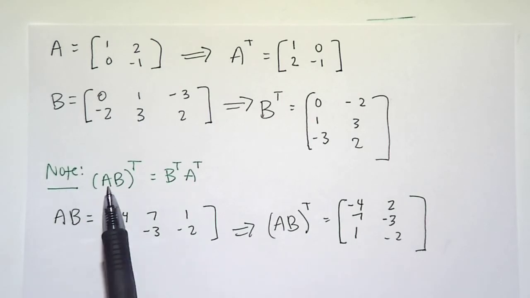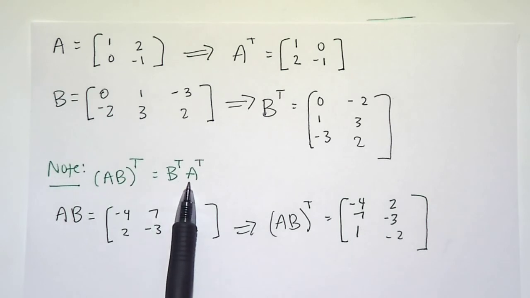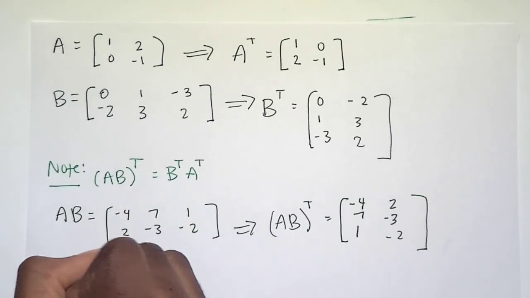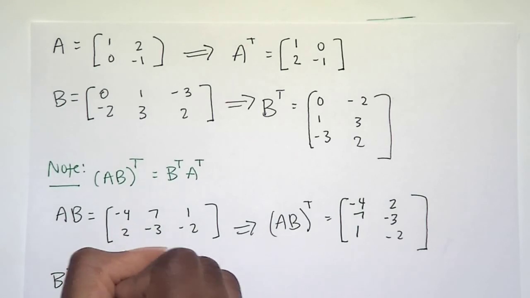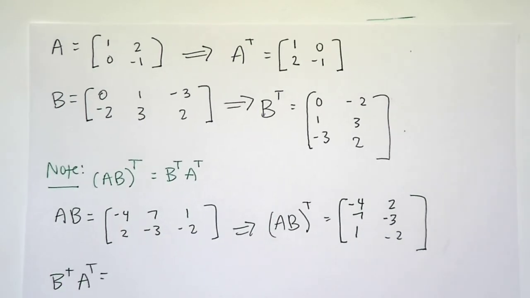Now, I said here that AB transpose is the same as B transpose A transpose. Let's actually look at that. Let's look at B transpose A transpose. All right, so here's B transpose and A transpose.